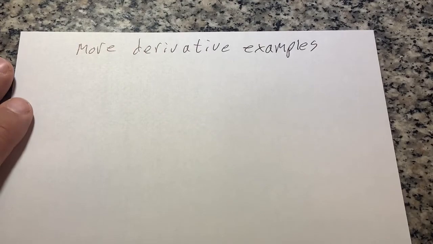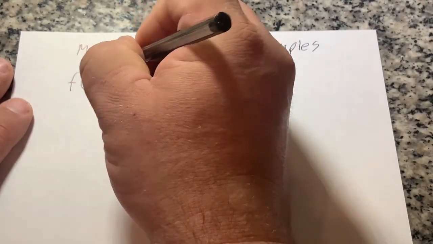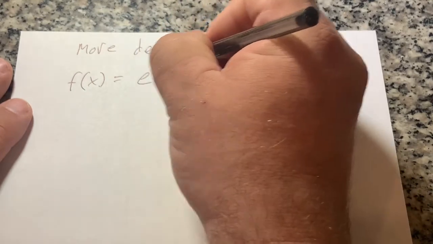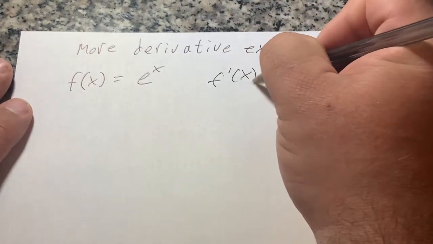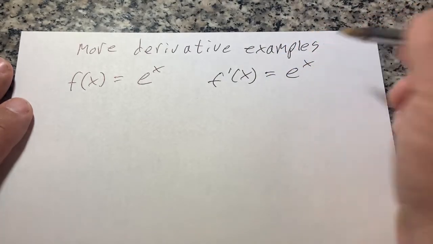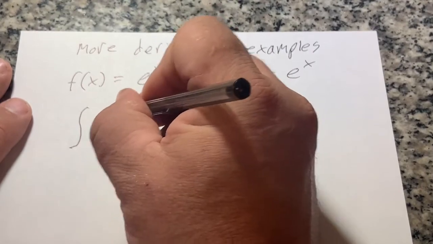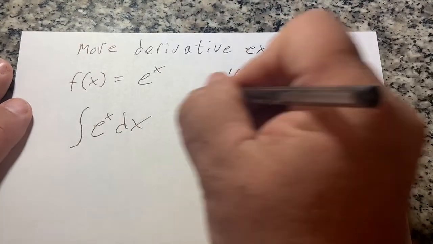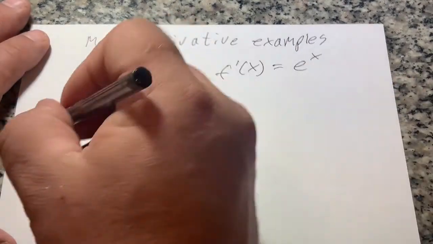So here are some derivative examples. If I had f of x equals e to the x, well, the derivative would equal e to the x. So the antiderivative of e to the x with respect to the x-axis is also e to the x. It goes backwards.